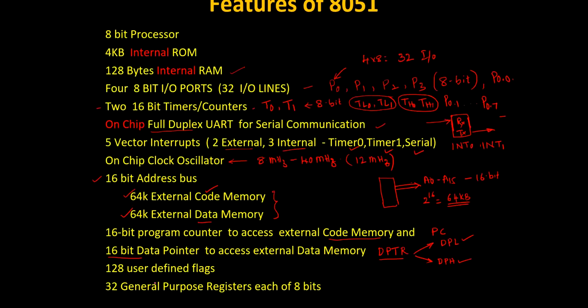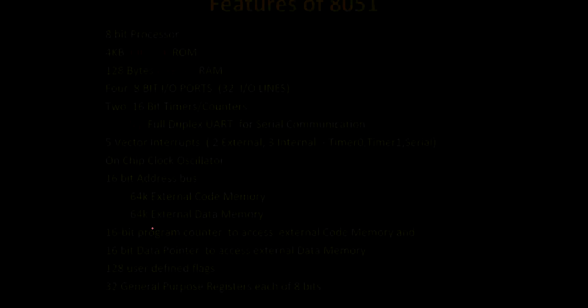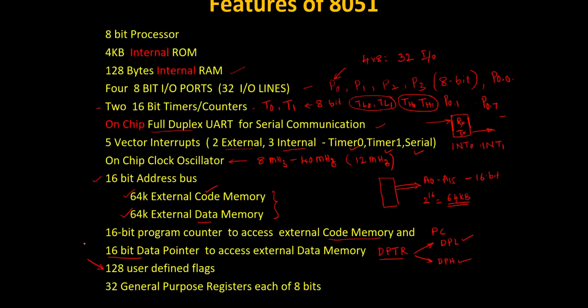As for the RAM, it is 128 bytes, so that we have 128 user-defined flags, and as well we have 32 general purpose registers, each of 8-bit.